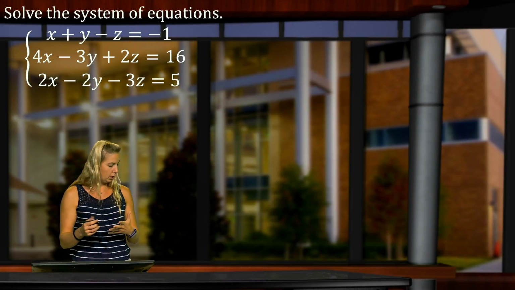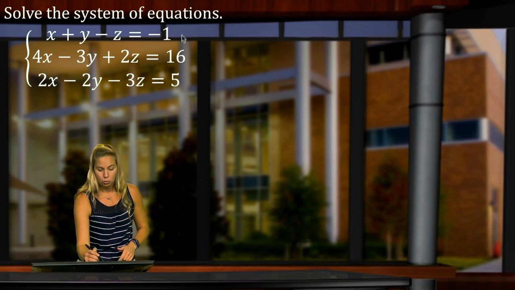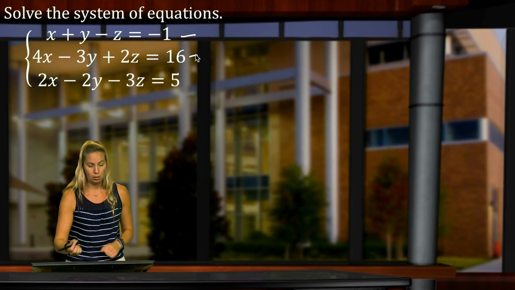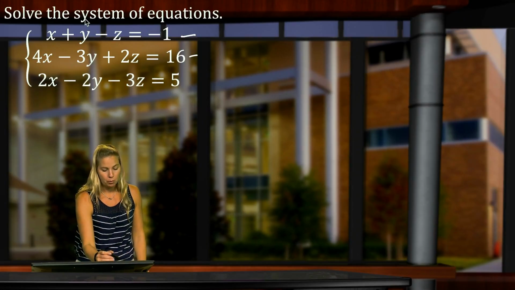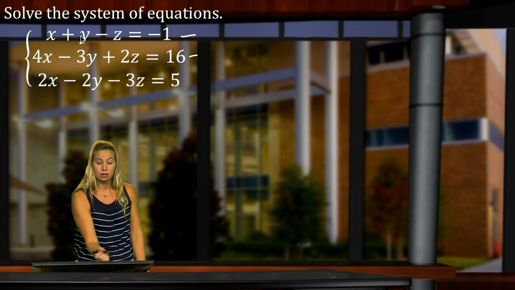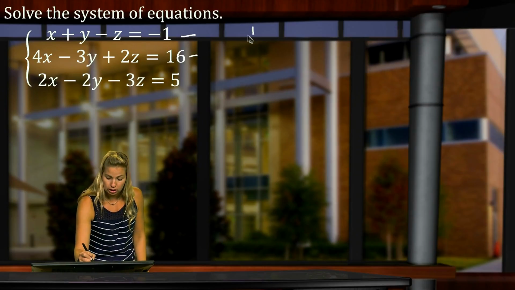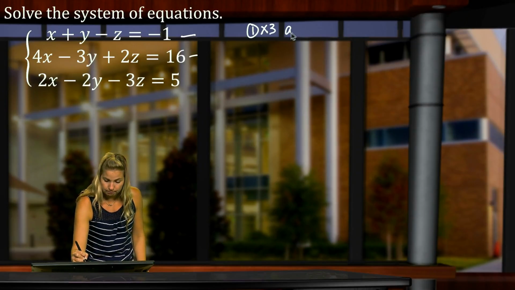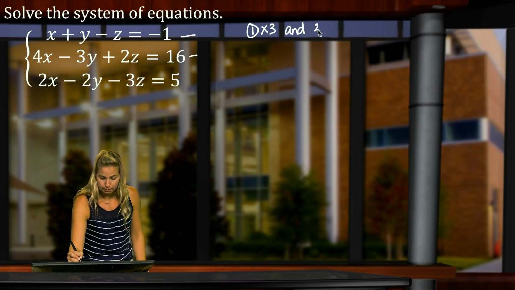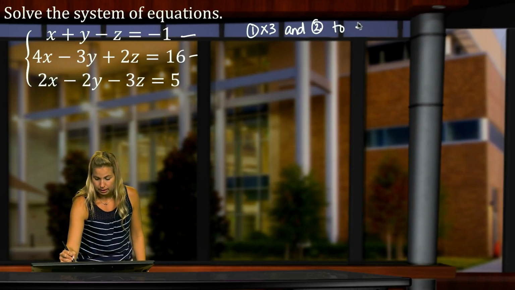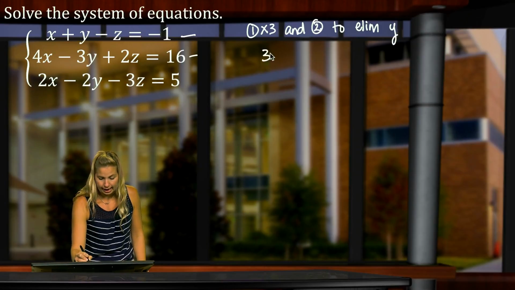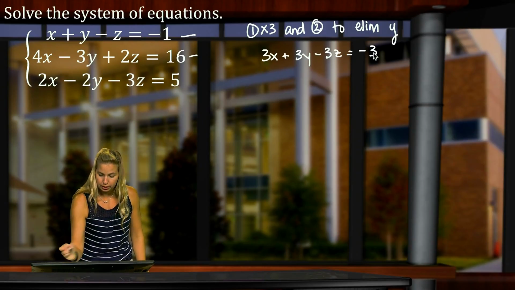So let's start with combining equation 1 and 2 to eliminate y. Now, in order to eliminate my y values, we need to get a 3y here. So I'm going to multiply my first equation by 3, and combine that with my second equation to eliminate y. So we have 3x plus 3y minus 3z equals negative 3.